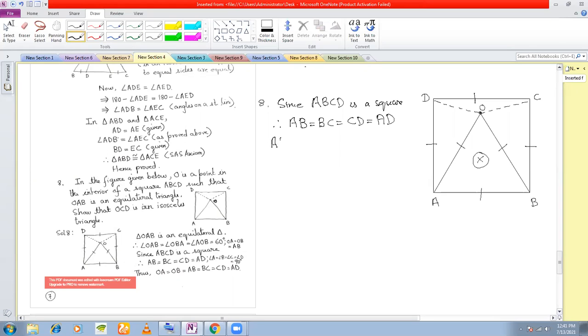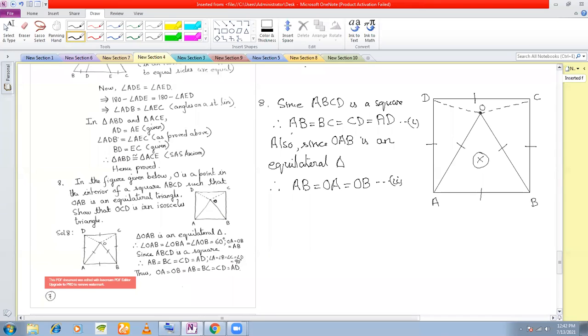Also, since OAB is an equilateral triangle, therefore all the lengths are also equal. So side AB must be equal to side OA, must be equal to side OB. Call this 1 and let's call this 2.